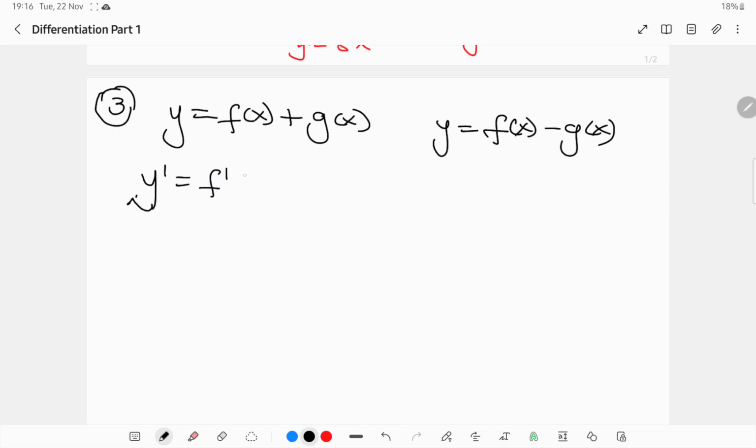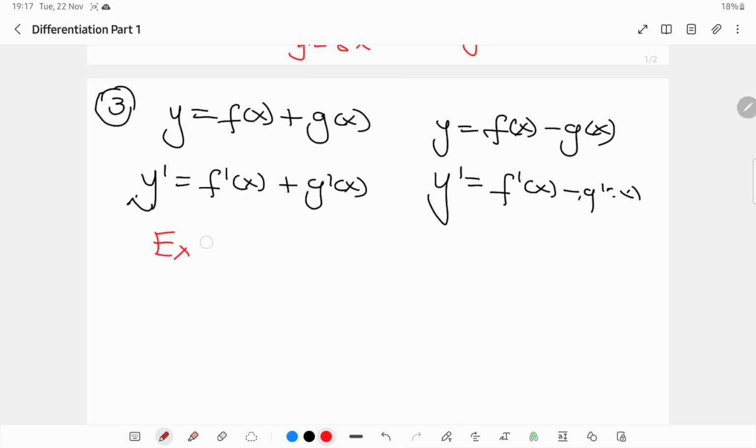This is just f prime of x plus g prime of x. You understand? So you derive each function separately. You already know this. We derive each term separately, right?